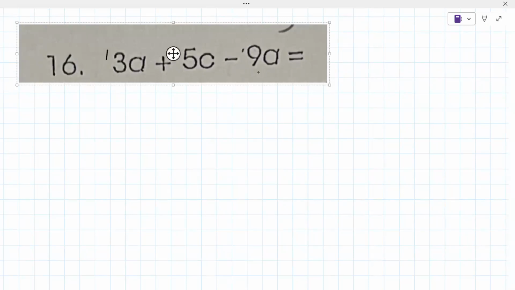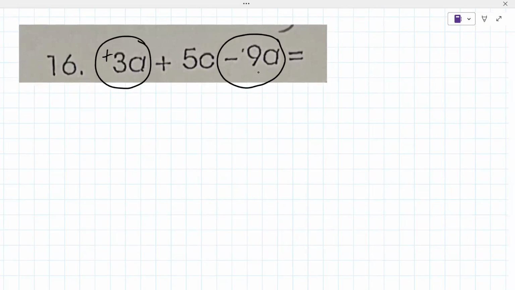So 3a is positive, minus 9a. What is 3a minus 9a? Are they same sign or opposite in sign? Opposite sign. Okay, so what does that become? I want you to work that out, please. That would become a negative. Give me the final answer.